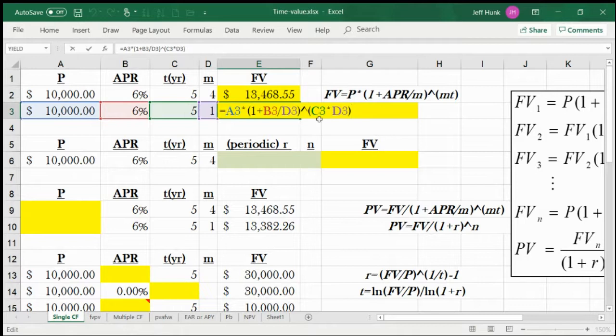There's no difference in this case, the only thing is that I divided by m and multiplied by m here. But m is 1, so it doesn't make any difference, because 1 doesn't change anything.